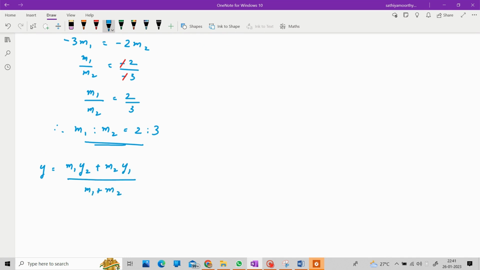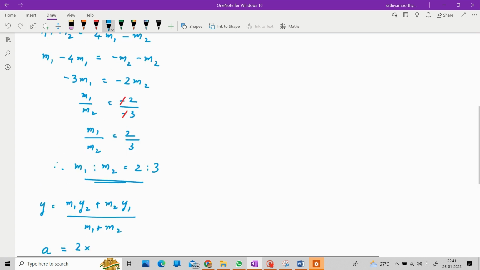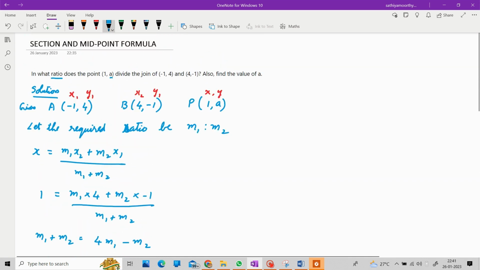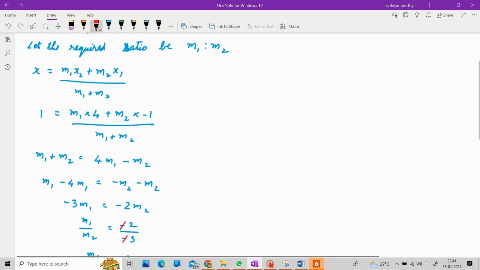Now let me substitute y coordinate, the a value I need to find out, so I am substituting a. m1 just now we found out it is 2 into y2 value is minus 1 and y1 is 4.